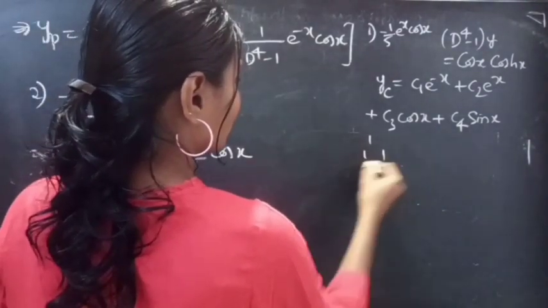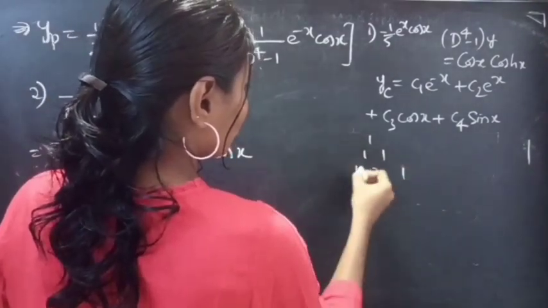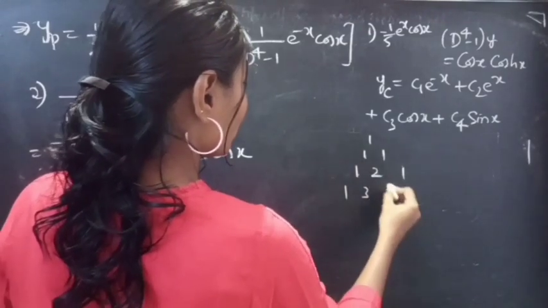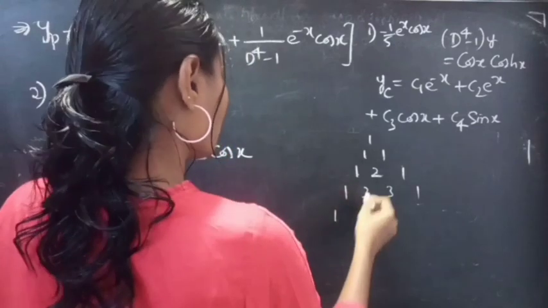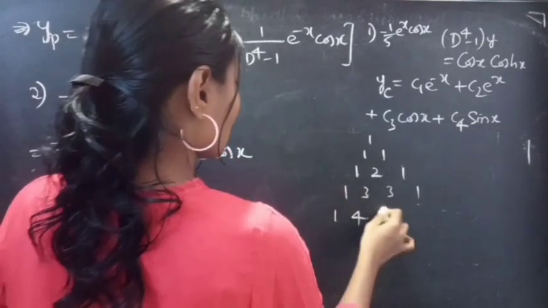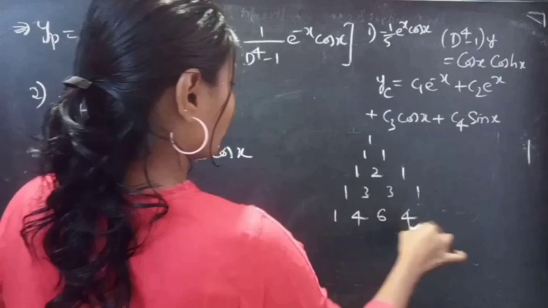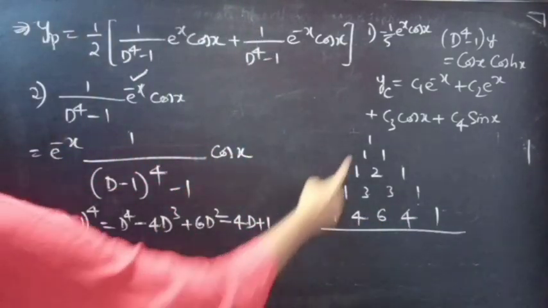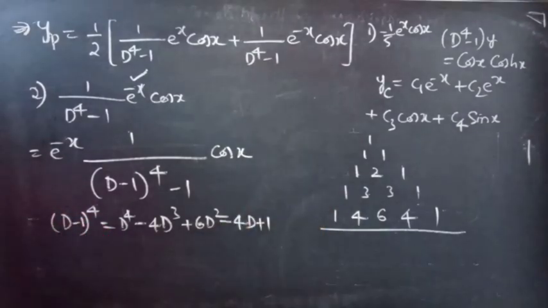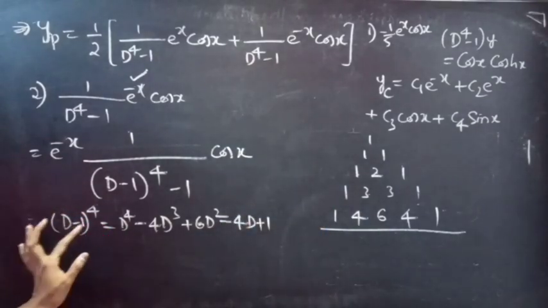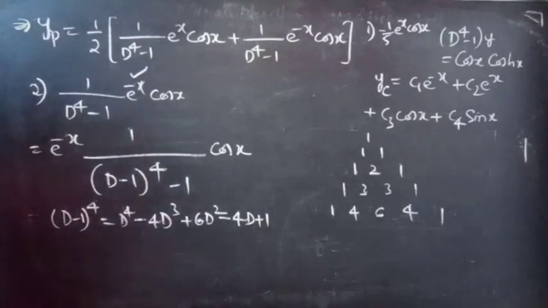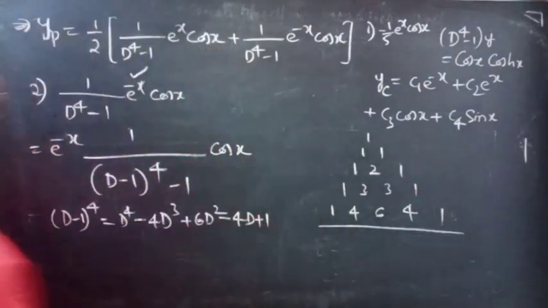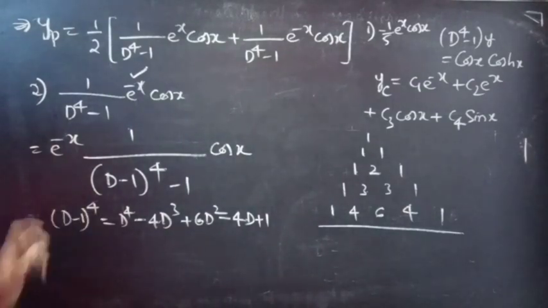Or we can write using Pascal triangle. 1; 1 1; 1 2 1; 1 3 3 1; 1 4 6 4 1, right? Now we'll choose the fifth line. 1, 2, 3, 4, 5. Fifth line, to write the expansion of d minus 1 whole power 4. Here we are asked to find the expansion of d minus 1 whole power 4, right?